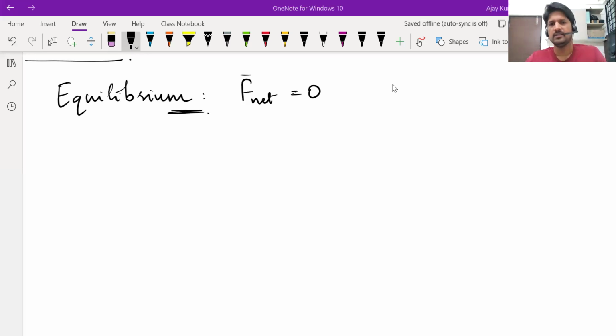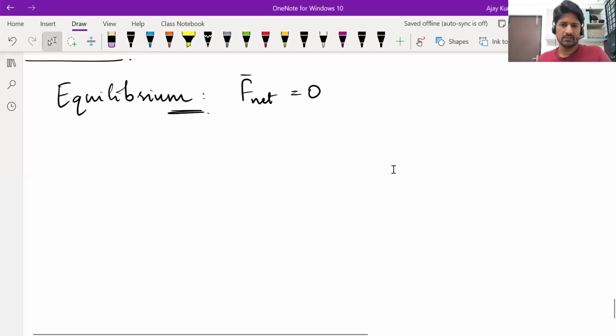See, net force is zero means acceleration is zero. It doesn't mean velocity is zero. So an object moving with constant velocity is also said to be in equilibrium. So it can be at rest and continue to be at rest, or it can be moving and continue moving the same way. Then we say it's in equilibrium. So if an object continues doing what it is doing, it's in equilibrium, be it rest or motion. Okay, fine.